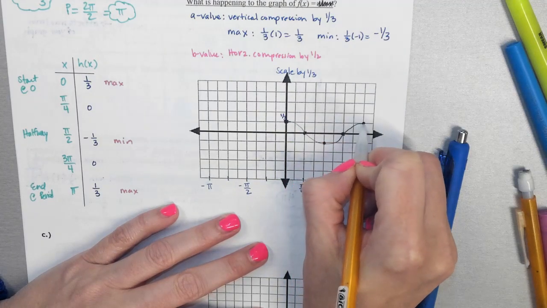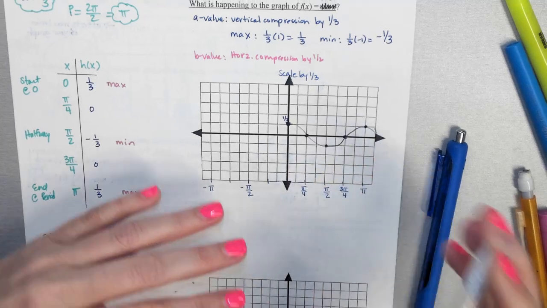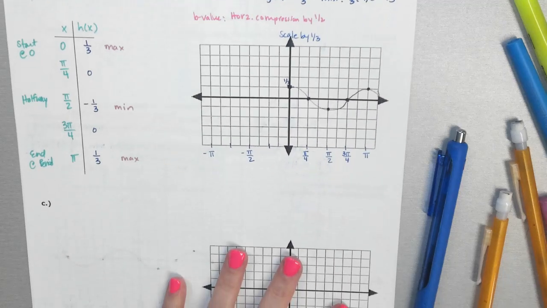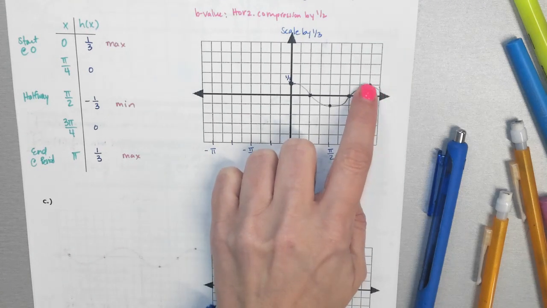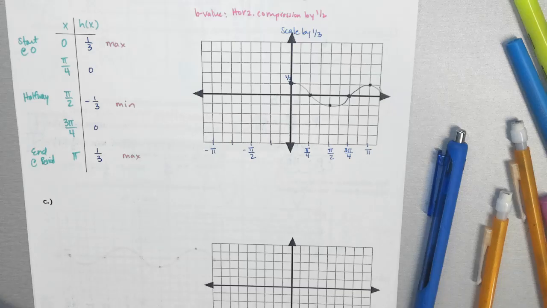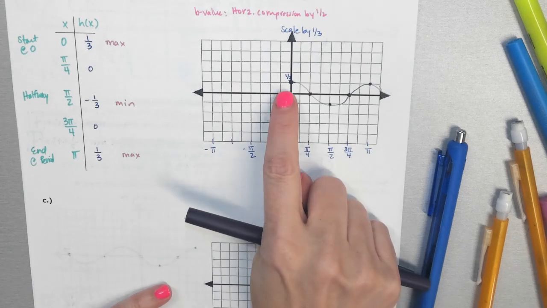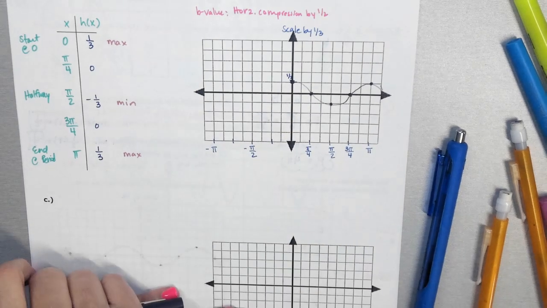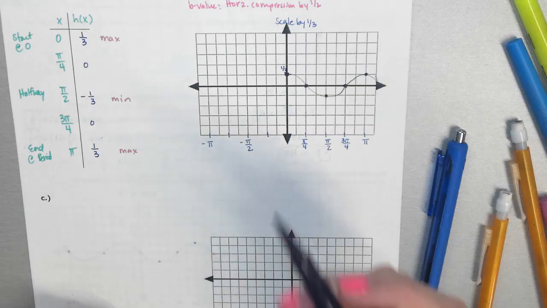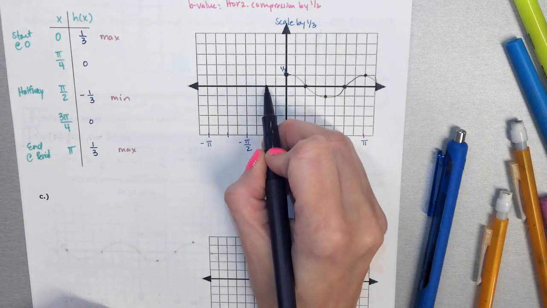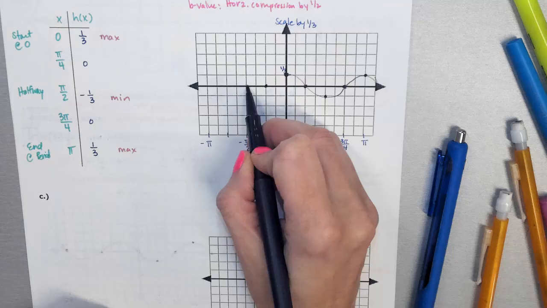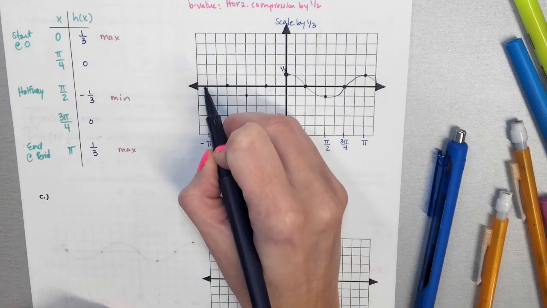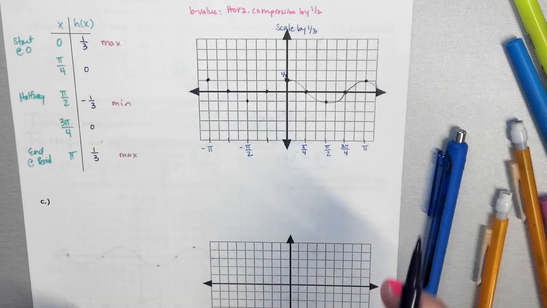It is being scrunched, so remember that this does not go up, it's going to go down here. And then we're going to finish the pattern. So after this maximum, notice it goes down to an intercept. Okay, so when I do my pattern, I count 1, 2, intercept, 1, 2, minimum, 1, 2, intercept, 1, 2, maximum.